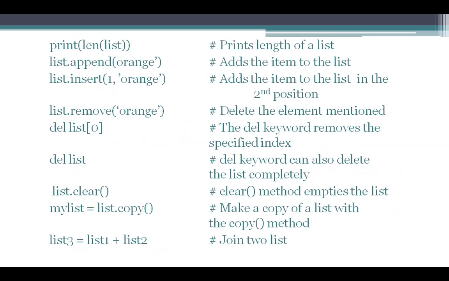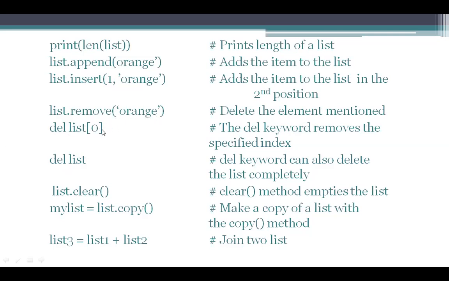And we can remove any element by specifying that element itself, or we can delete an item by providing the index, if we don't know the value or the element.